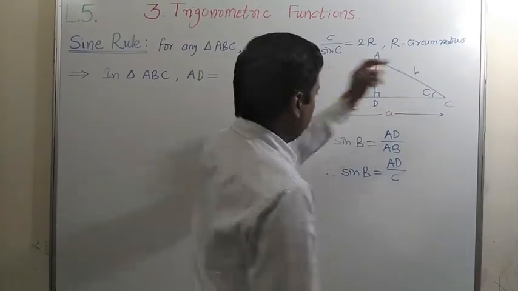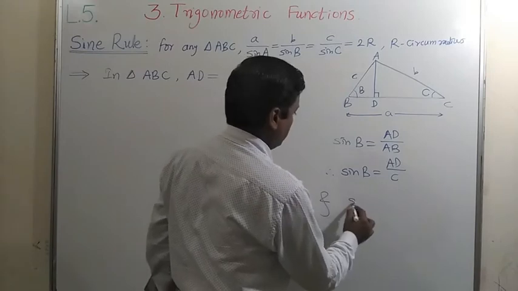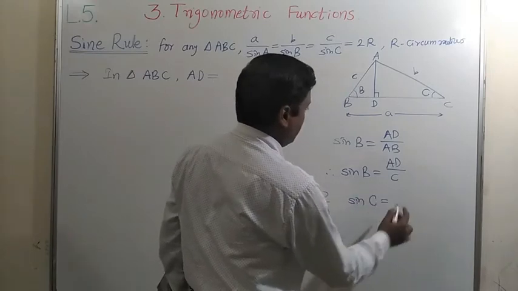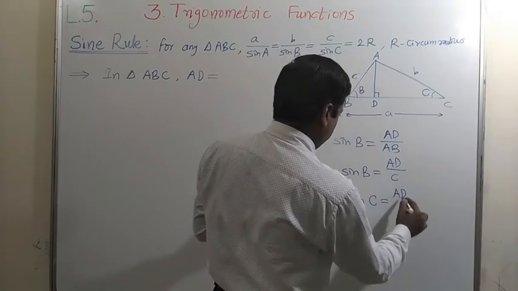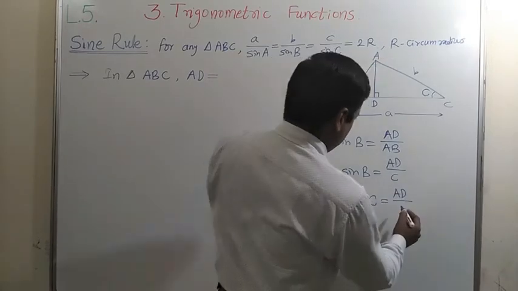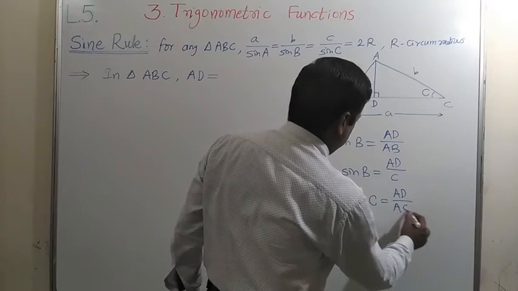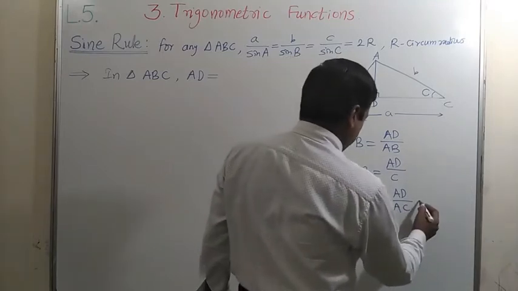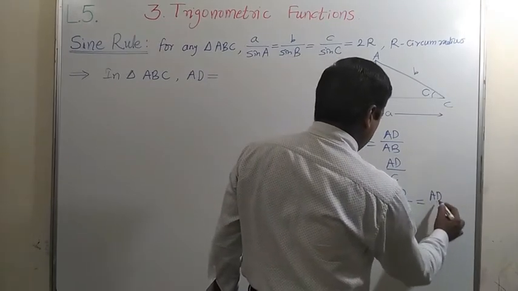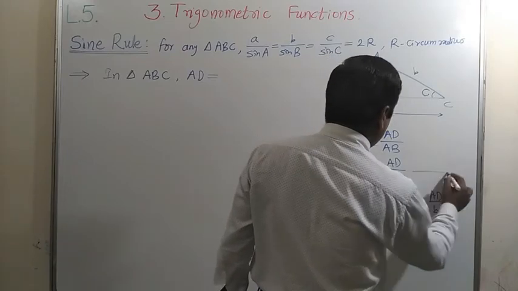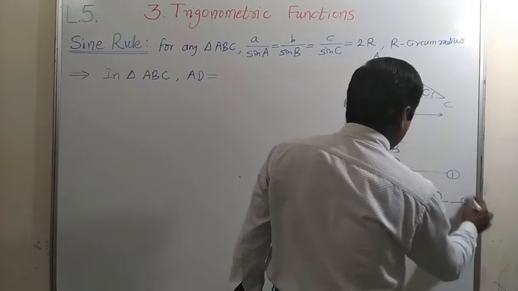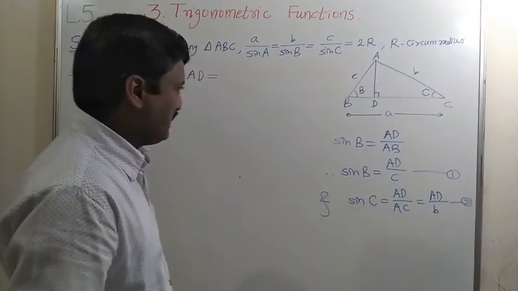And if we write here sine C, sine C is equal to opposite, which is AD, upon hypotenuse, AC. So we get AD upon AC, that is small b. So we get these two equations. From these two equations we can write AD.